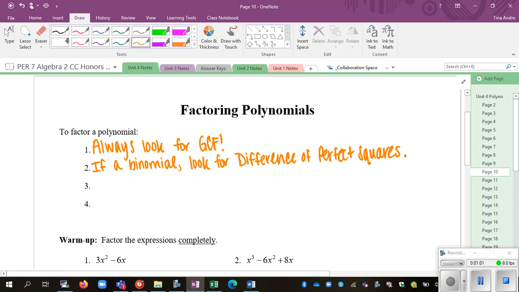We will not be factoring with imaginary numbers. You don't need to worry about that. So I'm just going to put a note. You strictly want difference of perfect squares, not sums of perfect squares. So I'm going to say don't need to factor with imaginary numbers.